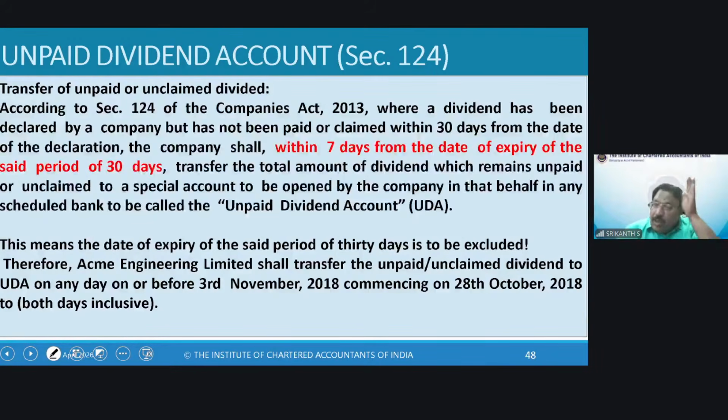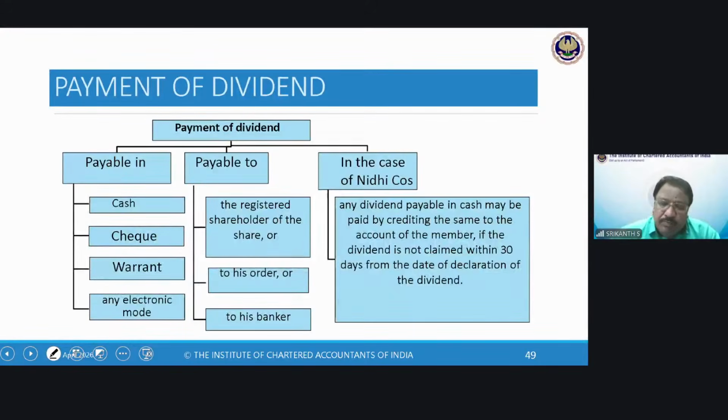So the last day of the 30 days should be excluded, which means 27 out. So 28, 29, 30, 31, 1, 2, 3. On or before 3rd November, you have to transfer it to the unpaid, unclaimed dividend account. Right, sir? See, all this is there.